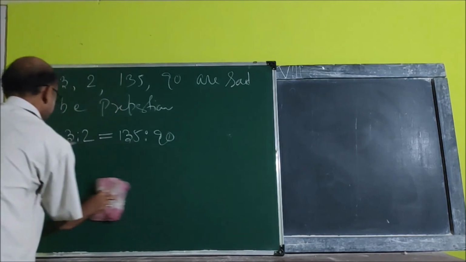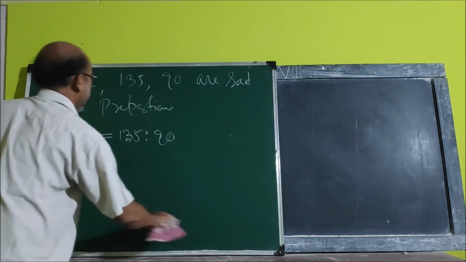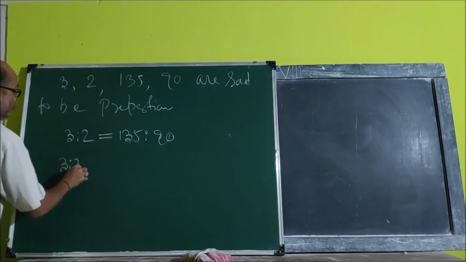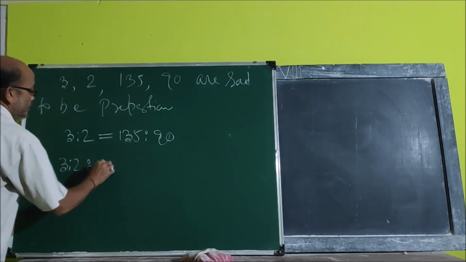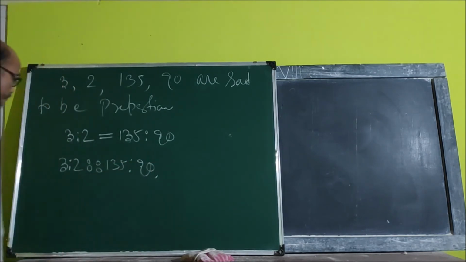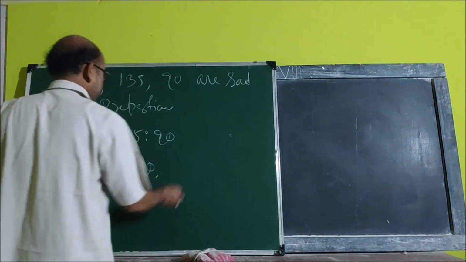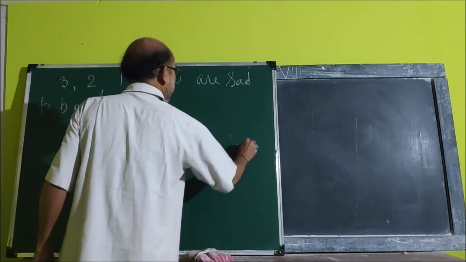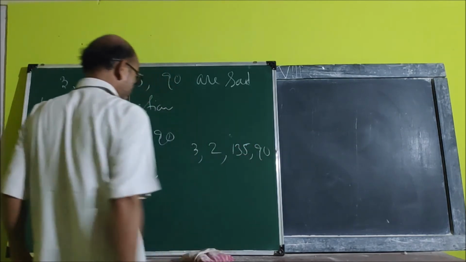So there is an equal sign, but in other cases we can write 3 is to 2, 135 is to 90. Here you see 3, 2, 135, 90.